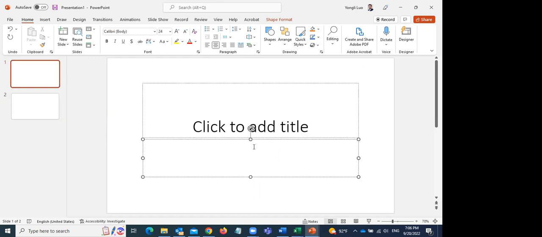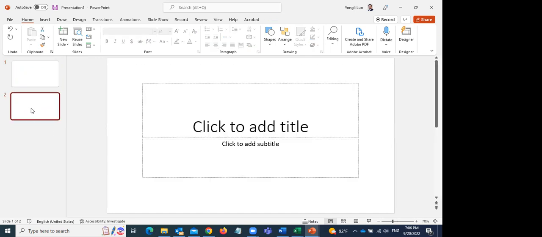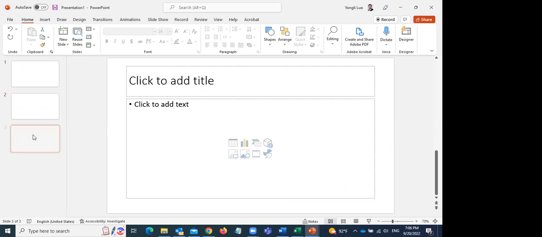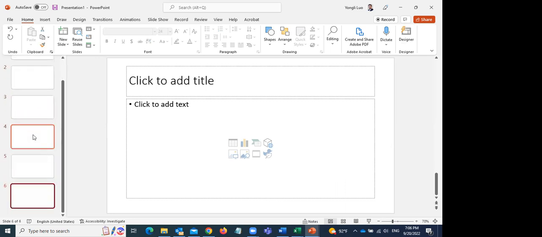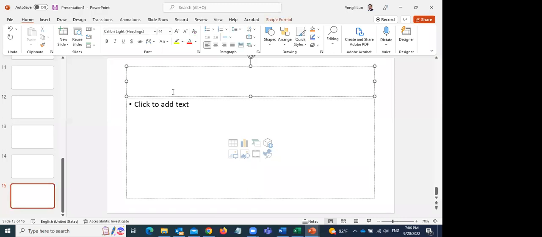project and put your name here. So that's the title page, and this is the content page, 15 pages all the way. And of the 15 pages, the last one at least is your references.